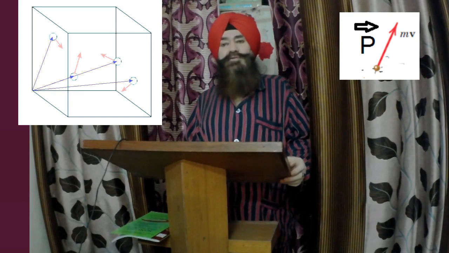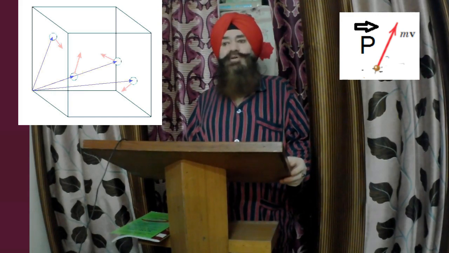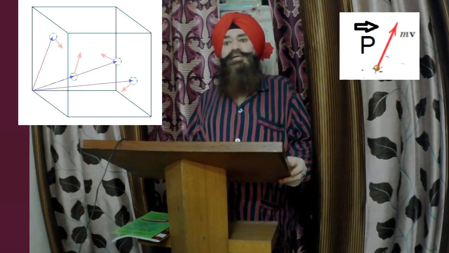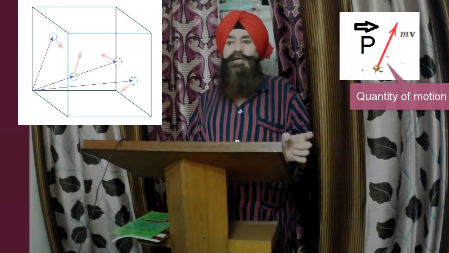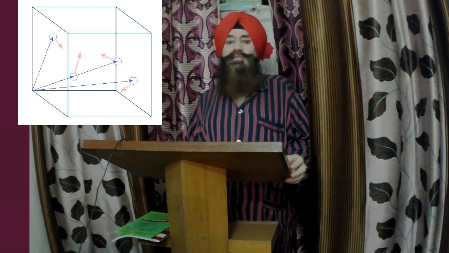Now in vector notation, we have the p vector equals m times the v vector. The p vector measures the quantity of motion associated with a particle having velocity v.